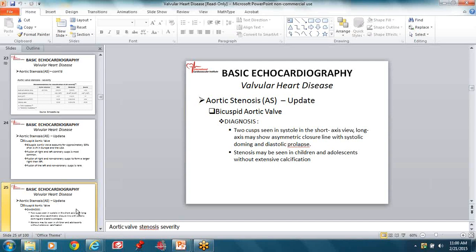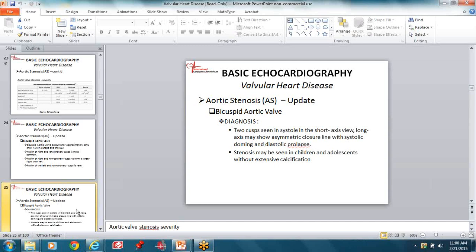Now, in the short axis, the aortic valve is open. Two cusps are seen. In the long axis, as we mentioned before, you may get asymmetric closure lines. And not only that, but you get systolic doming. So it bulges out in systole. And then you get diastolic prolapse. So in diastole, when the valve closes, it bulges back. Okay? So 2 cusps instead of 3.